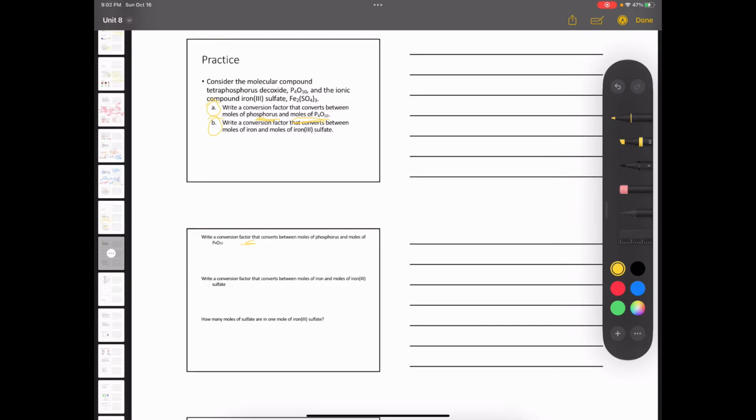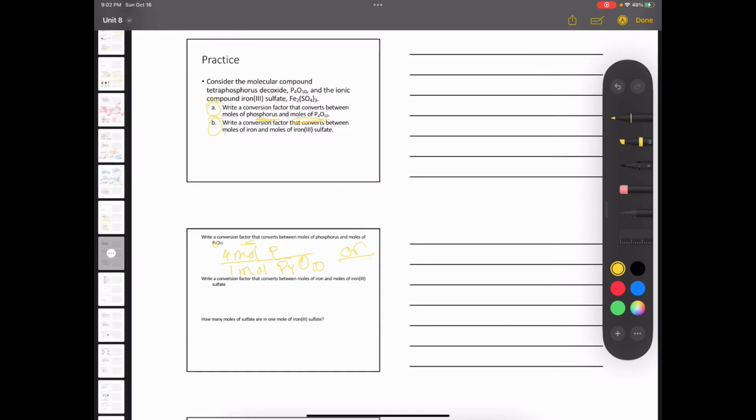So first, writing a conversion factor between moles of phosphorus and moles of phosphorus oxide, I have to look at the subscript of the phosphorus within the phosphorus oxide. So I have 4 units of phosphorus within the phosphorus oxide. So what I can say is 4 mole phosphorus, 1 mole phosphorus oxide.